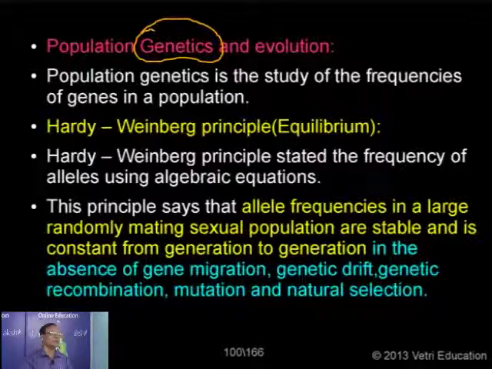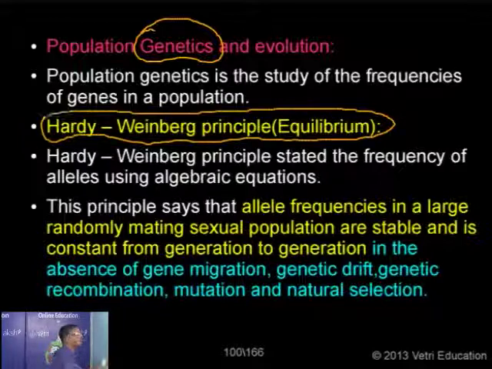They developed the concept called the Hardy-Weinberg equilibrium or Hardy-Weinberg principle, which gives the allelic or gene frequencies in the form of mathematical, algebraic equations. That principle is the fundamental basis for explaining population genetics.